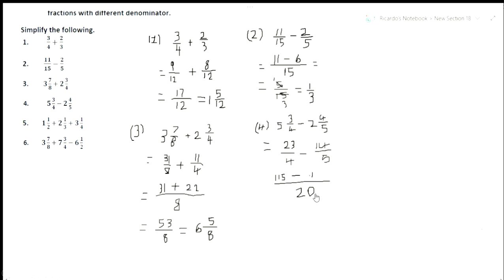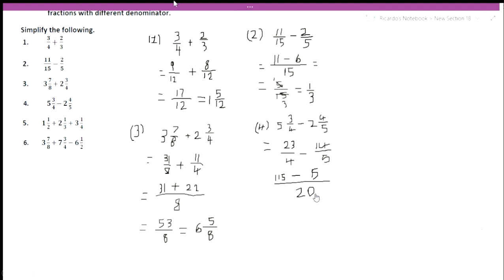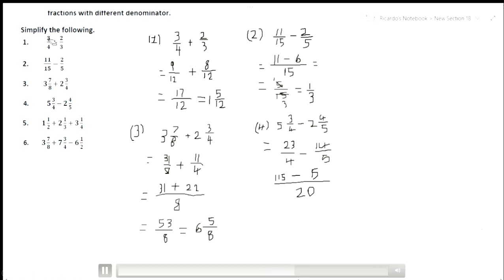Let's check that. Times 4, 56. That will be 56. Let me write that properly. That's 56.